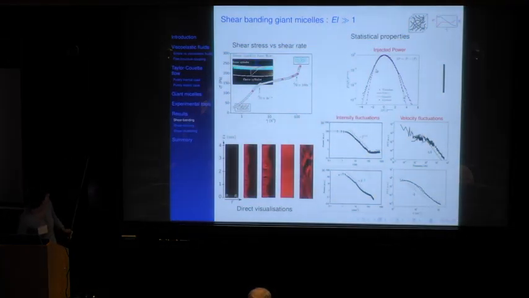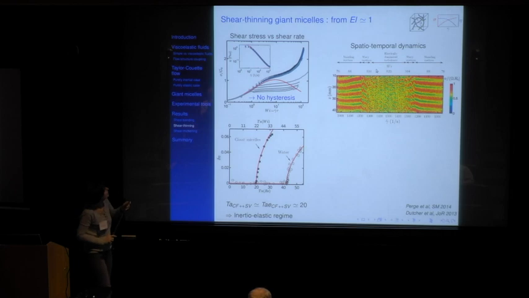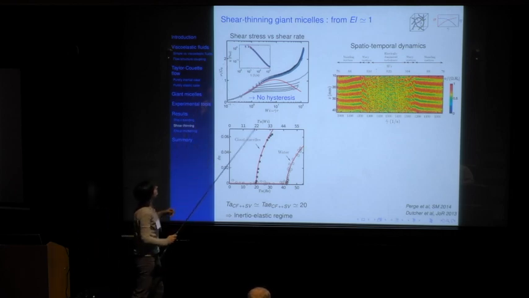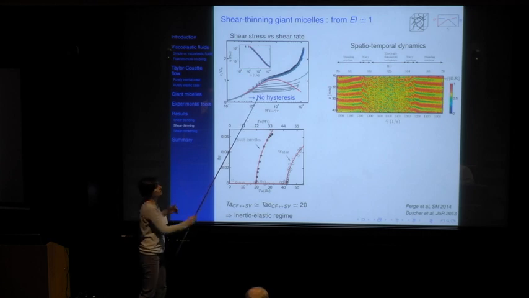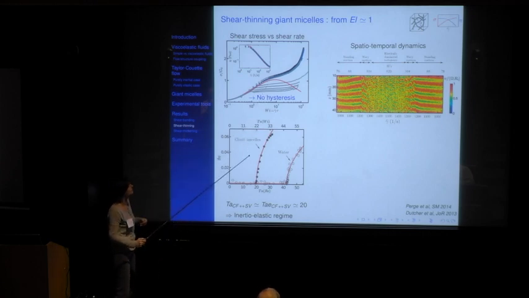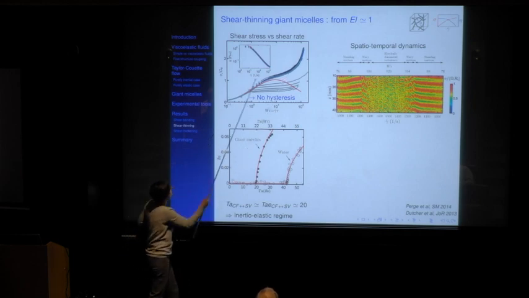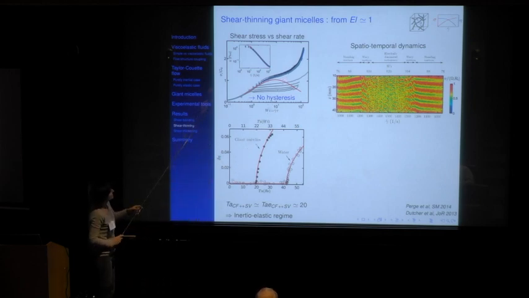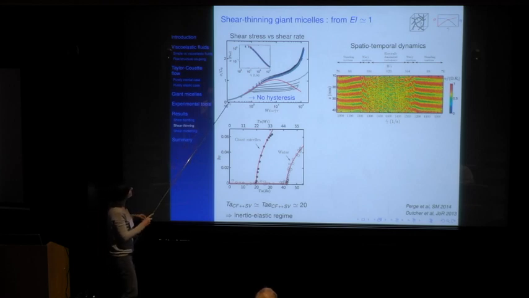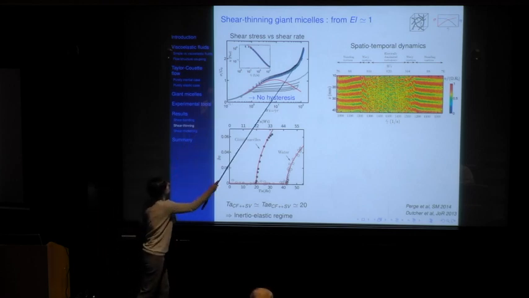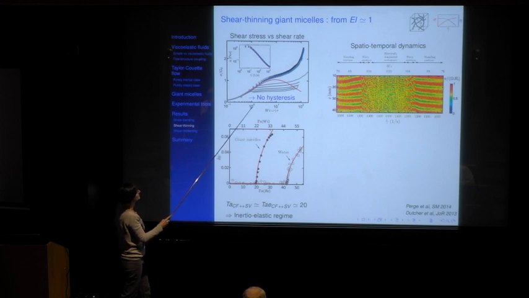Okay, so let's turn to the case of purely shear thinning giant micelles. You can go continuously from shear banding to shear thinning just by decreasing the surfactant concentration, and so we finally end up with this blue curve here, which is purely shear thinning. When we ramp the shear rate up and down, we observe no hysteresis in that case.